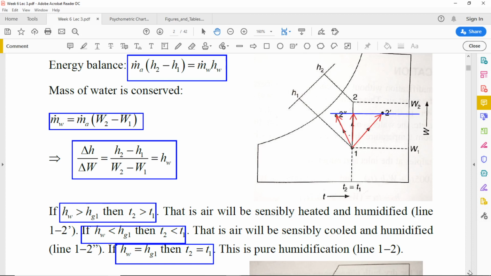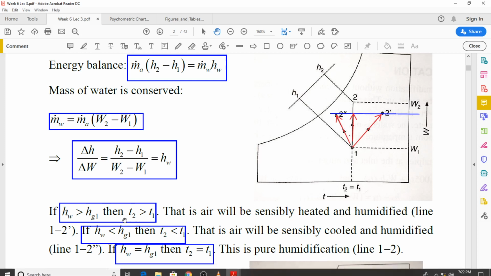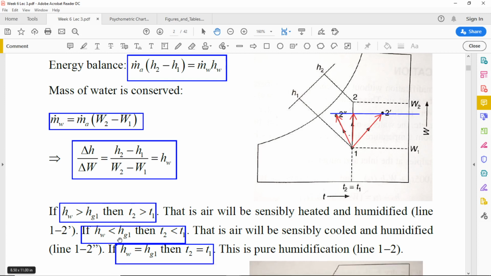What I can do, just to show you that this actually is the case, I can take an initial state on the psychrometric chart, and then we can see what will happen if we spray water in liquid state, which is typical of the condition that HW is less than Hg1, or when we spray steam for which HW will be greater than Hg1, and we should obtain the two different process lines as sketched over here.